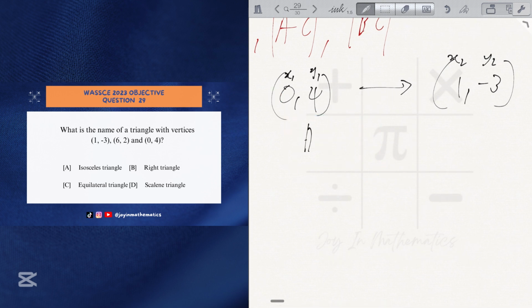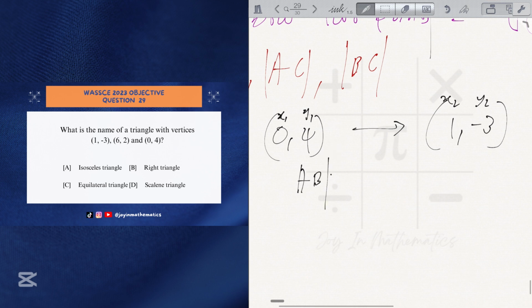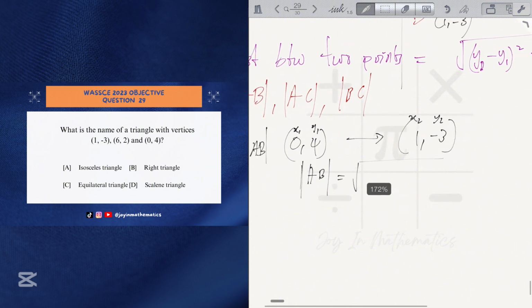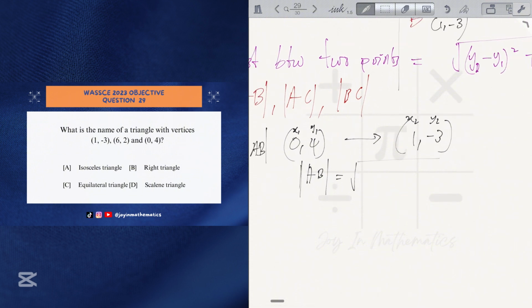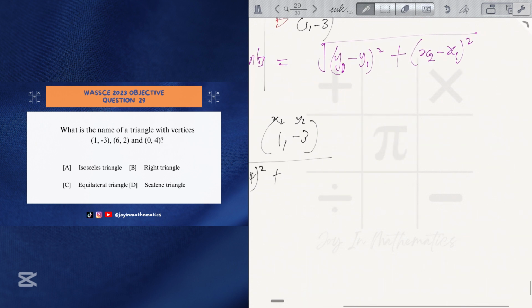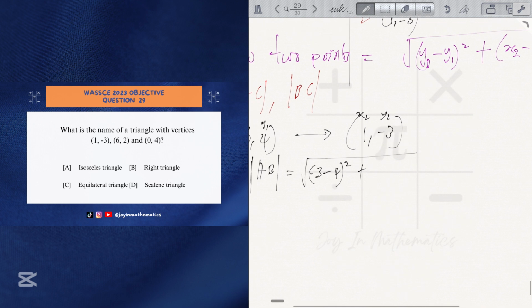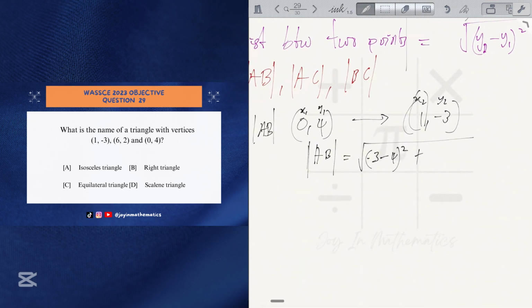If we implement this, AB is equal to the square root of y2 minus y1 squared plus x2 minus x1 squared. So y2 is minus 3, minus y1, 4, squared, plus x2, which is 1, minus x1, which is 0, squared.